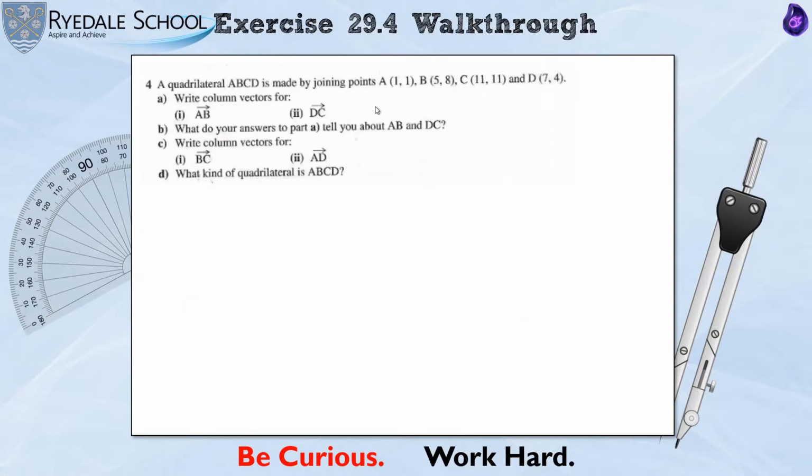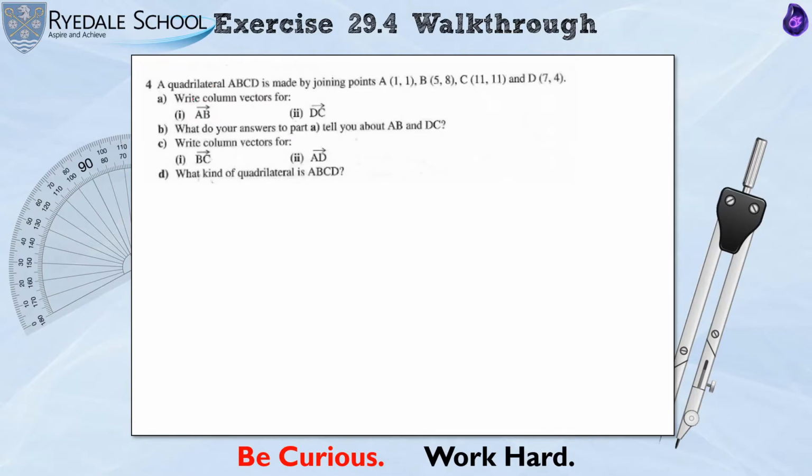So question 4 is a little bit different because in this question we are given some coordinates, and we're asked to work out some column vectors. Now you could technically draw a diagram for this, but there is no need if you think about it carefully. I'm just going to be comparing the x components and the y components of the coordinates and using those to generate the vector.